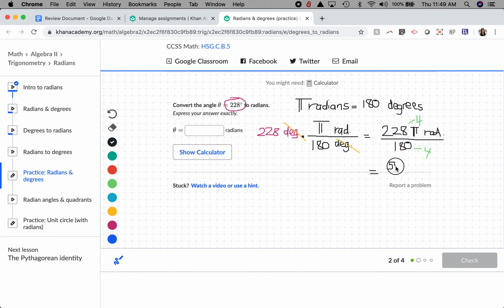So we're going to have 57 pi radians in the numerator. And in the denominator, 180 divided by 4 is simply going to give us 45.